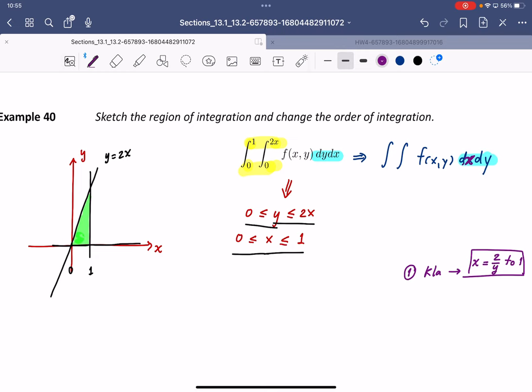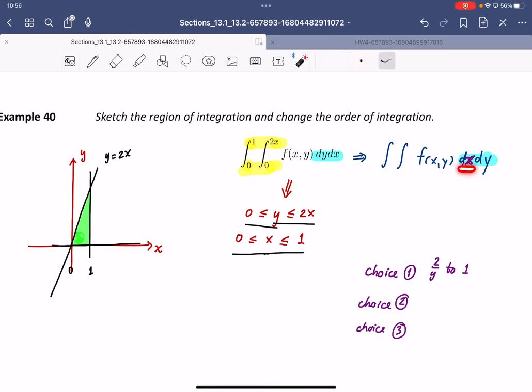Anyone have another choice? You agree? Do you agree, 2 to y? Really?